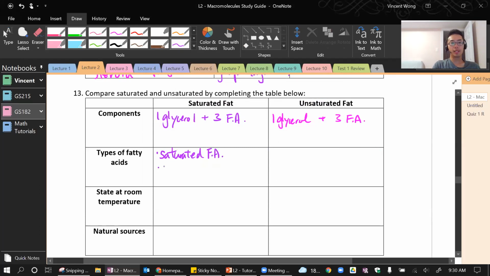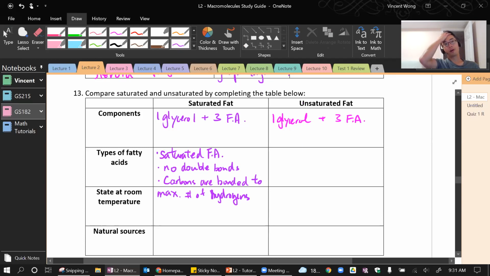It means there will be no double bond in it. The carbons are bound to the maximum number of hydrogen.